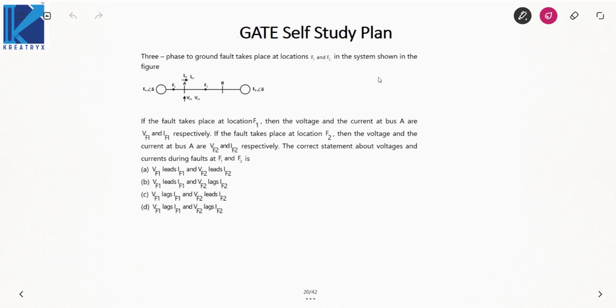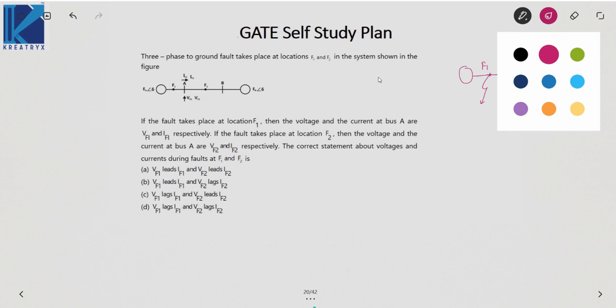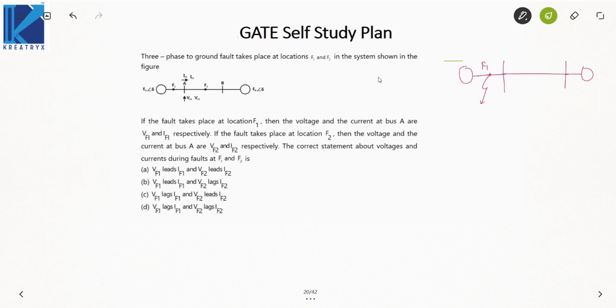Last problem of this set, it says a three-phase to ground fault occurs at location F1 and F2. We need to find the relation between VF1, IF1 and VF2, IF2. See, if fault occurs at F1, we are considering that fault occurs at F1. So how will the current flow? I told you all the currents should go into the fault. So currents will be like this.